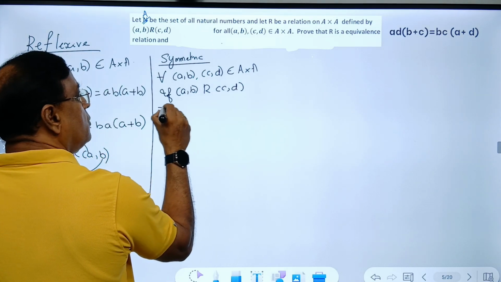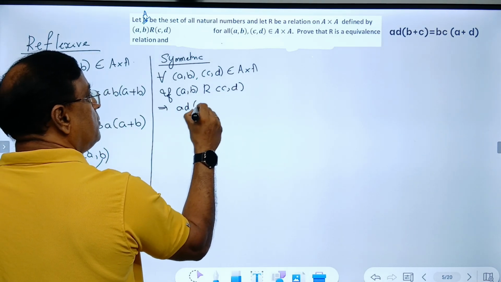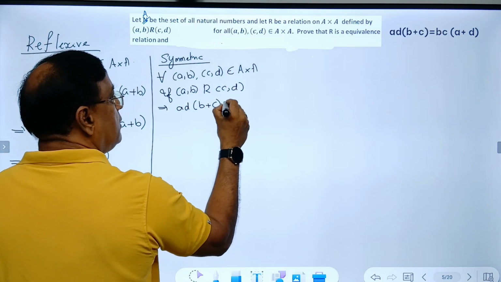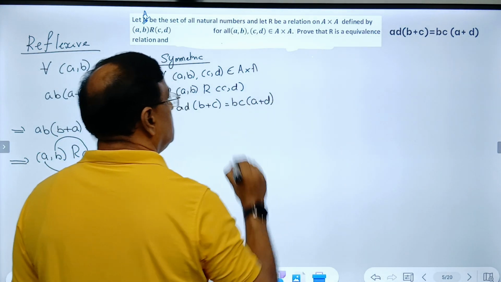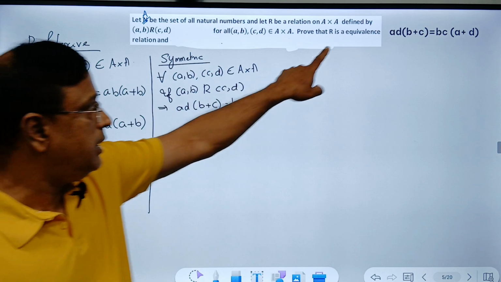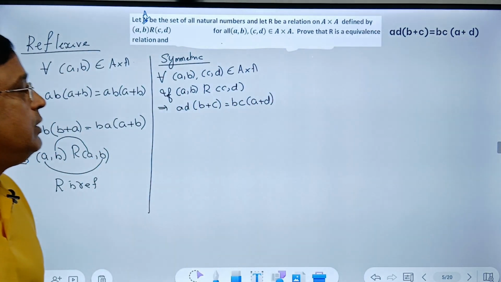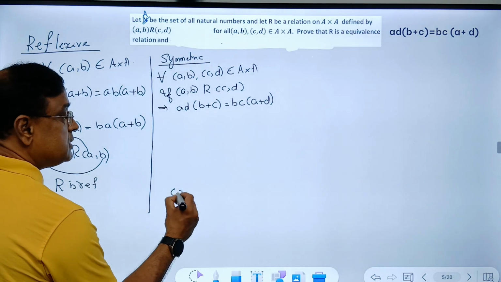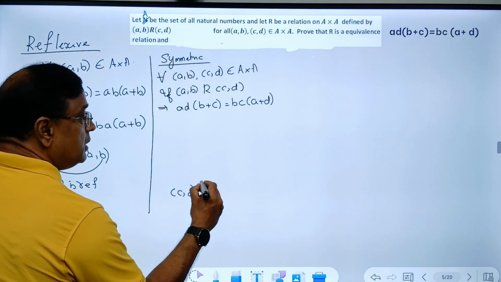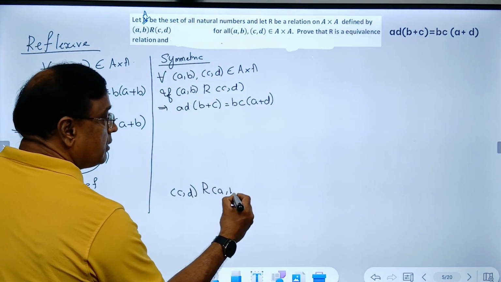You know AD into (B plus C) equal to BC into (A plus D). By the definition, AD into (B plus C) is equal to BC into (A plus D). What I wanted to prove? I wanted to prove that (C, D) is related to (A, B), right?